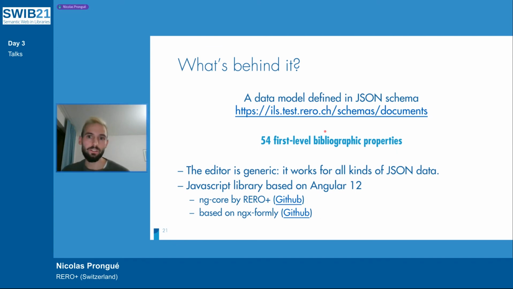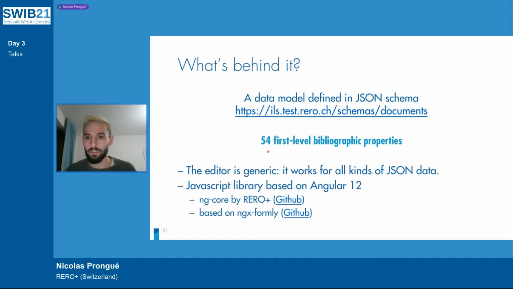What's behind the editor? We have a data model defined in JSON schema. It's a set of rules defining the validations and so on of the various fields. We have 54 first-level bibliographic properties. What is great is that this editor is generic. It works for all kinds of JSON data.